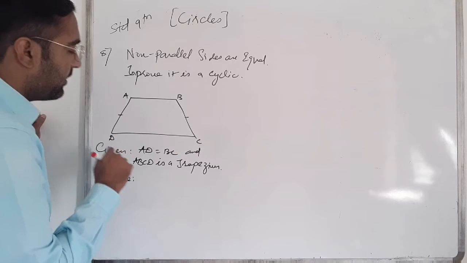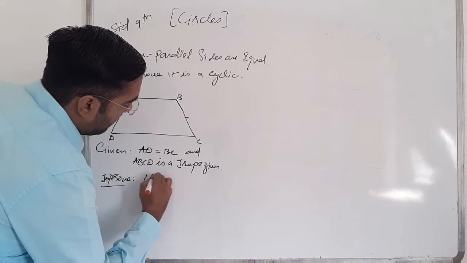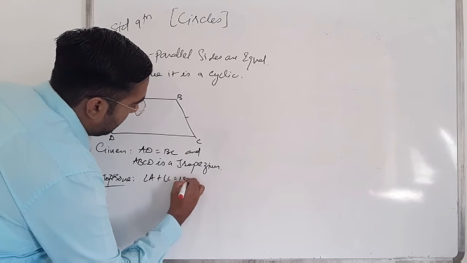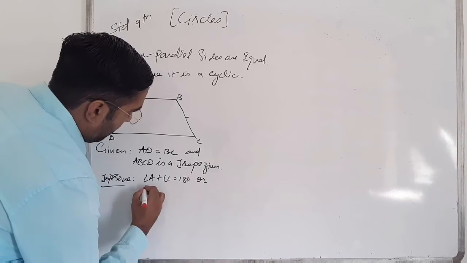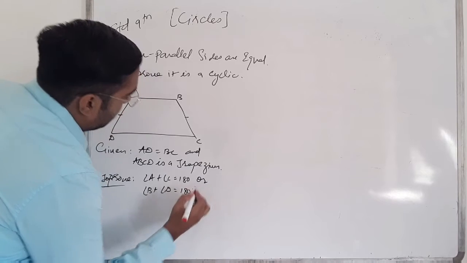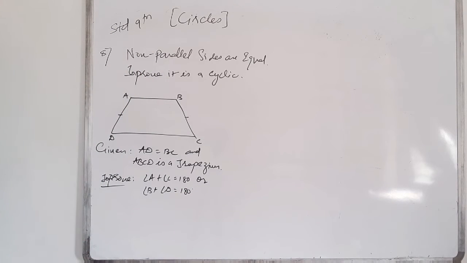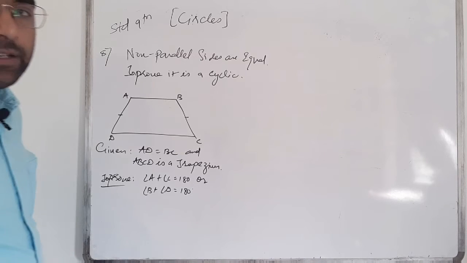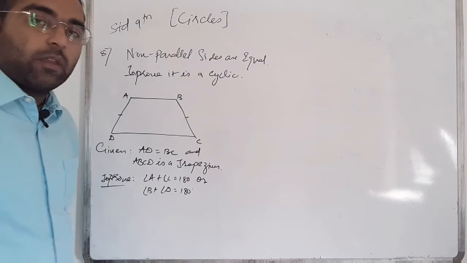For it to be cyclic we have to prove that angle A plus angle C is equal to 180 degrees, or angle B plus angle D is equal to 180 degrees. Clear?